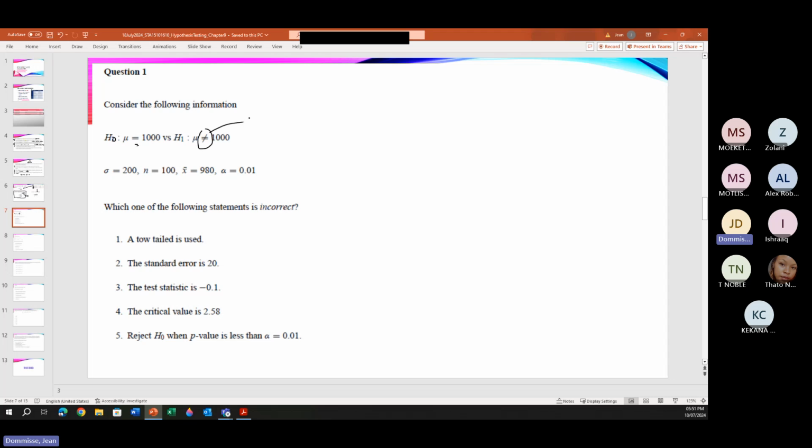Not equal means two-tail. That is nearly the first thing I will look for in the options. So which one is incorrect? Another spelling error. A two-tailed test is used. Yes, because the alternative hypothesis tells me it is not equal to. Because it's not equal to, I can use a two-tail.